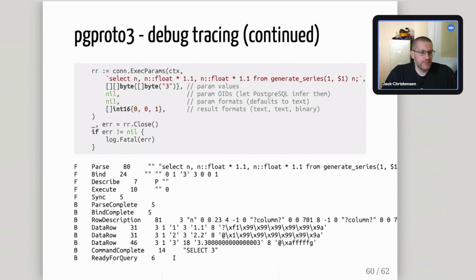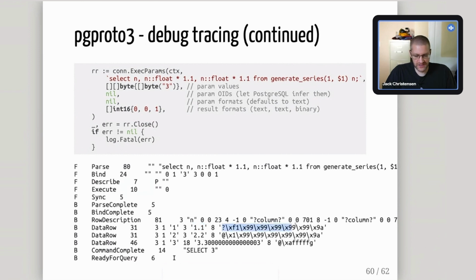For our next example here, we're using exec params, and that's the extended protocol. And we can see that here we're actually sending a parse, bind, describe, execute, sync. We're sending all of these messages. And then we get all this stuff back, and we can see, oh, well, there's some stuff here that is obvious. This is the text format.